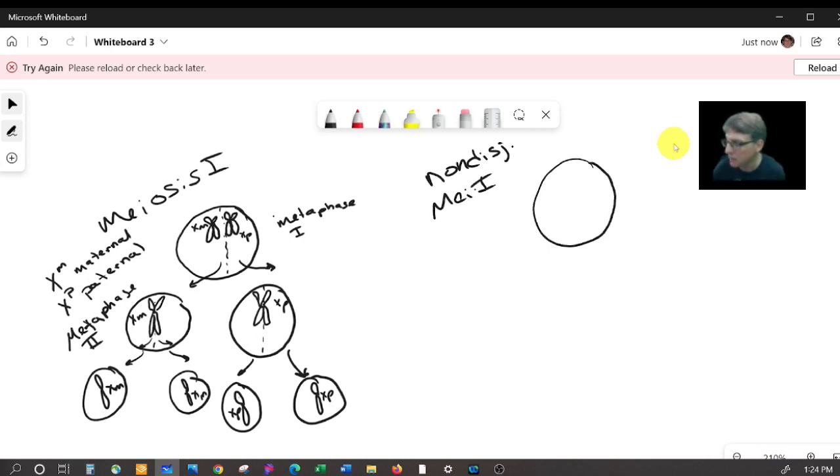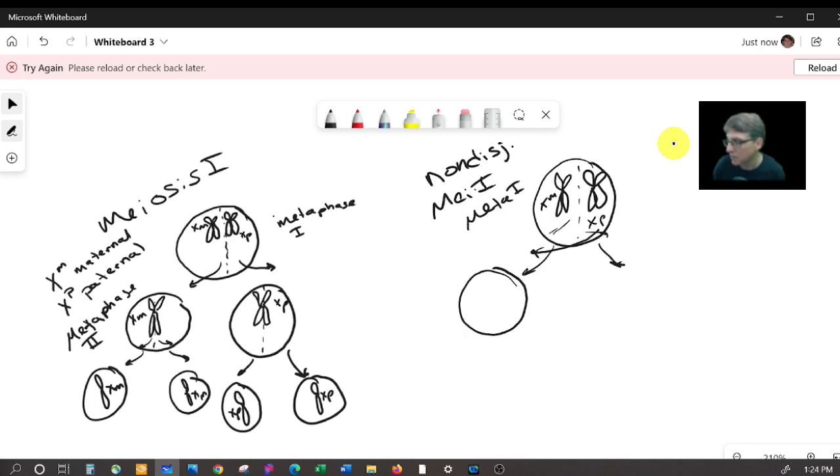And so if we have non-disjunction in meiosis 1, our chromosomes are aligned along the metaphase plate just as they were before, where we have XM and XP. And instead of them each going to their respective side and new daughter cell, both of them could go to one side, in which case we fail to separate these homologous pairs into their own daughter cell.